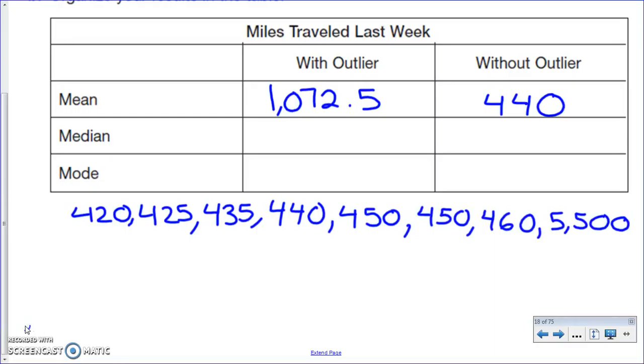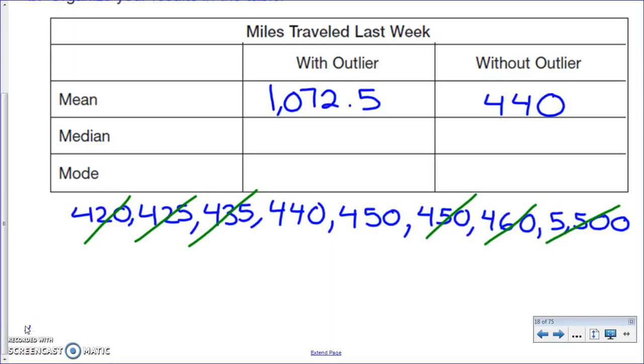All right, so now we have all 8 data points written out. So now what we're going to do is cross them off and work our way in. So we're going to cross off one from the beginning, one from the end until we get left with 2 in the middle, and we'll use that to help us figure out the median. Okay, now we have 2 left because we have an even number of data points.